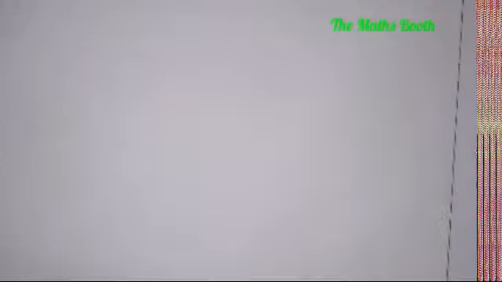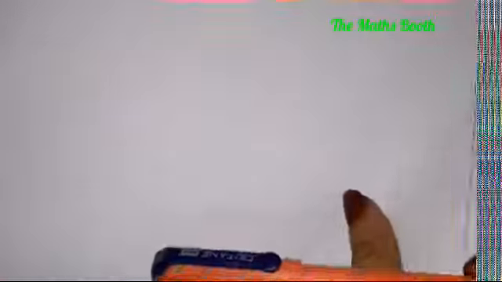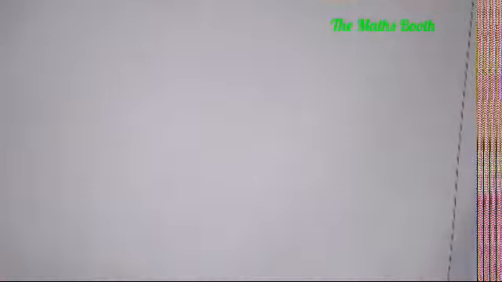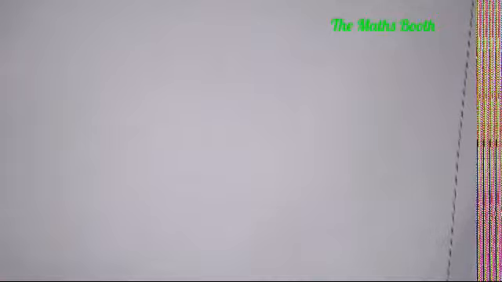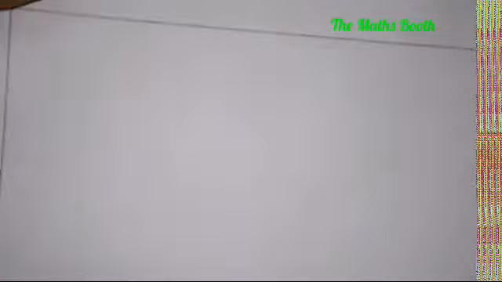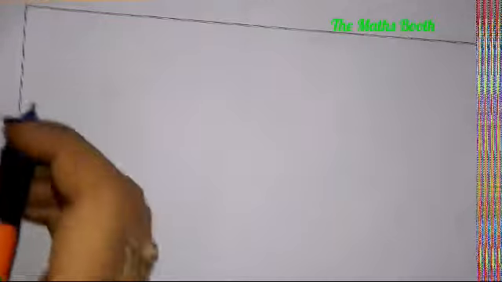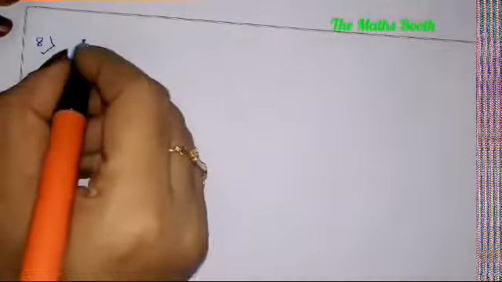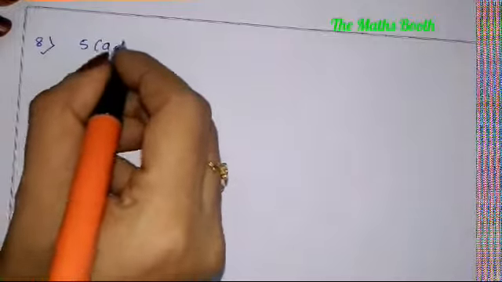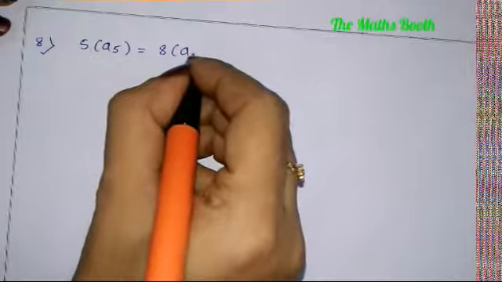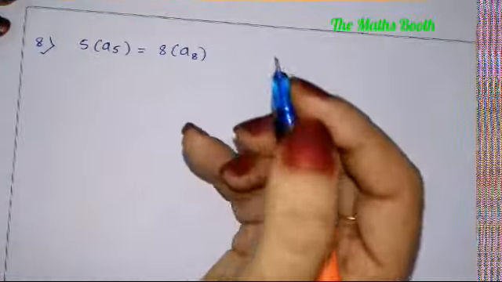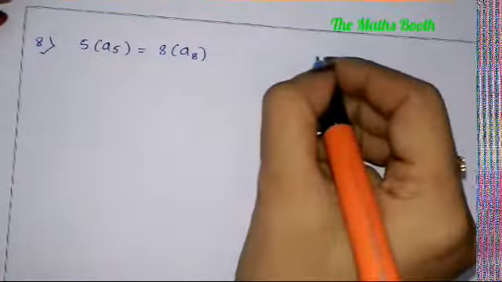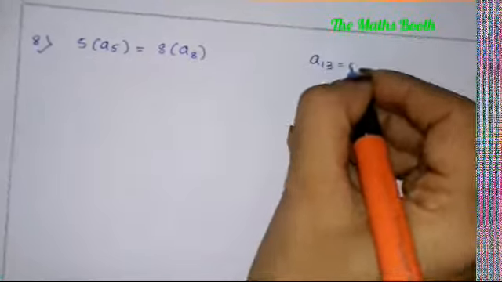So what they have told in the question, question number 8: 5 times the 5th term is equal to 8 times its 8th term, and they have told to prove that, or show that, A13 is equal to 0.